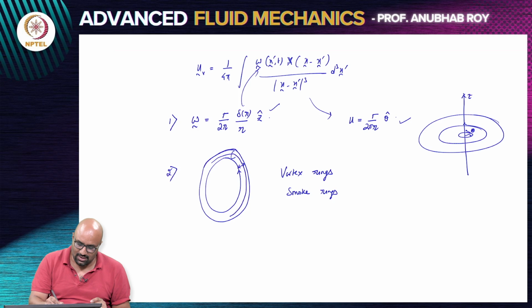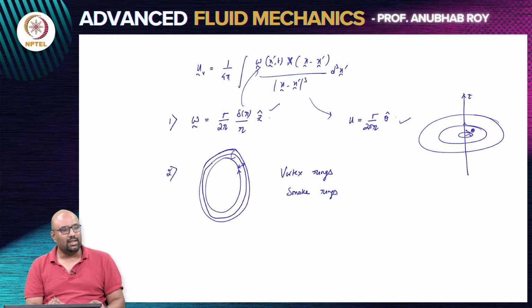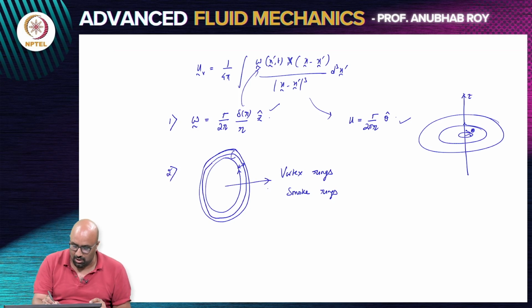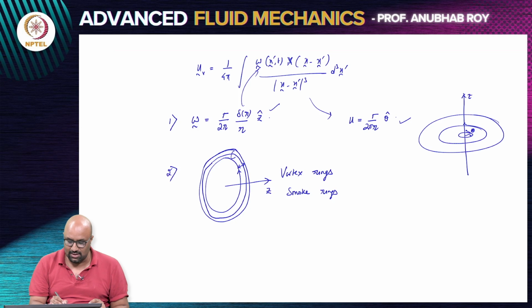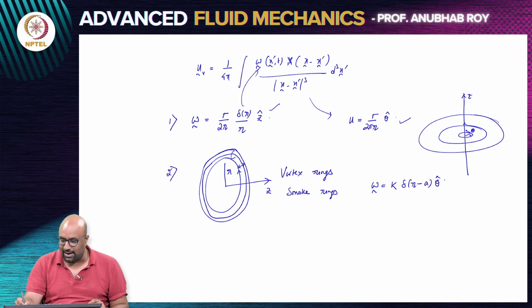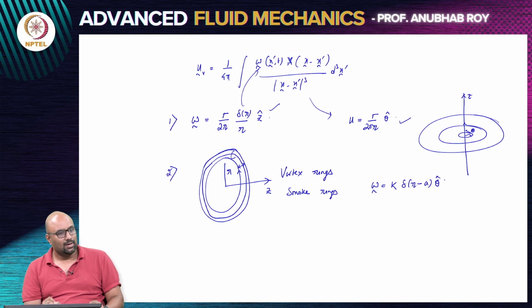So, there is a vorticity which is now in the azimuthal direction. So, the vorticity itself is azimuthal. If I draw a cylindrical coordinate system which is z, r, and then I have theta, then the vorticity here is some constant delta of r minus a theta hat. And you can find out what the velocity field would look like for this given vorticity.